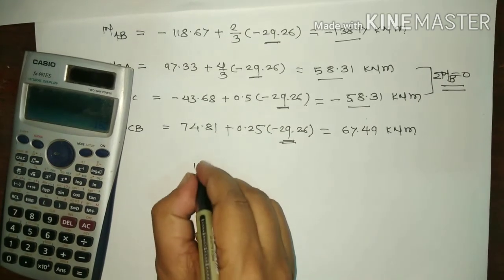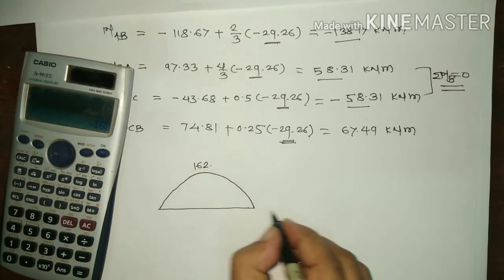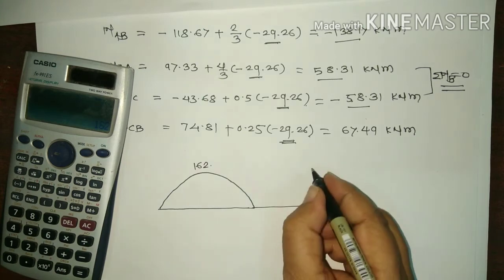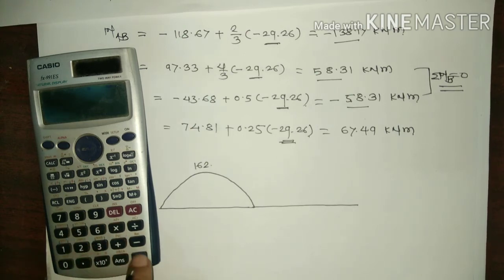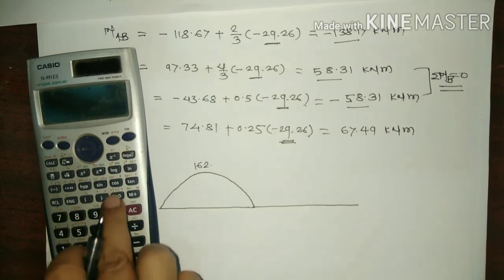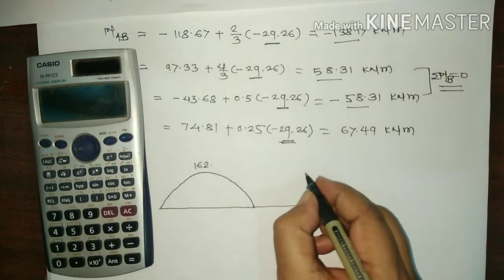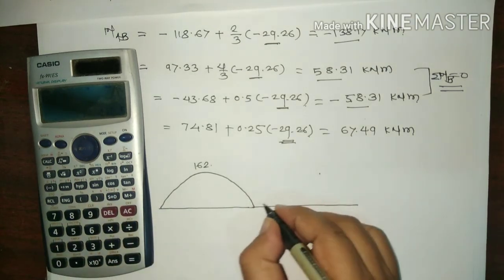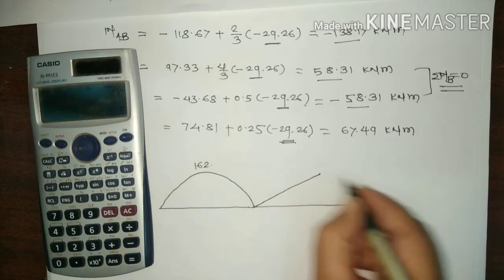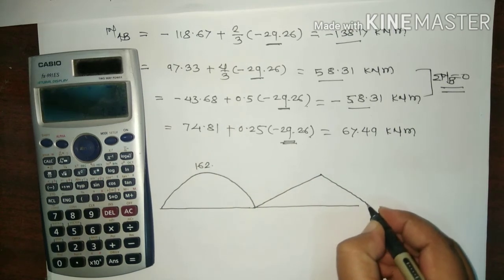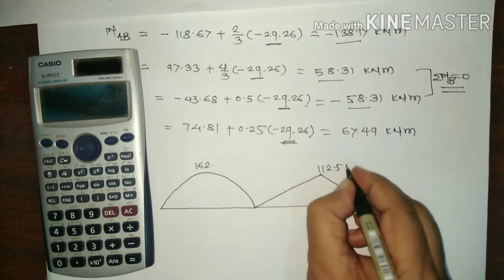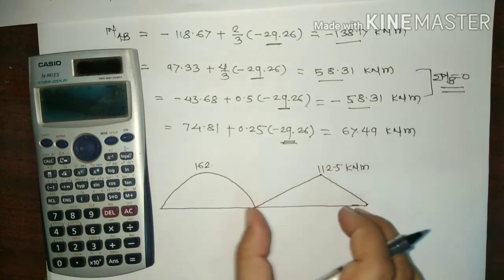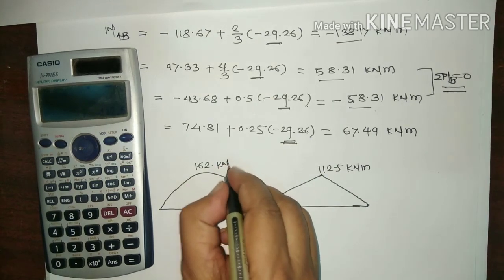We got this value is 162, and here WAB by L, this is 112 something. Considering each span as simply supported, find the bend moment.